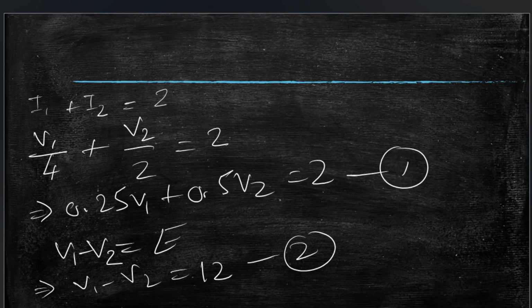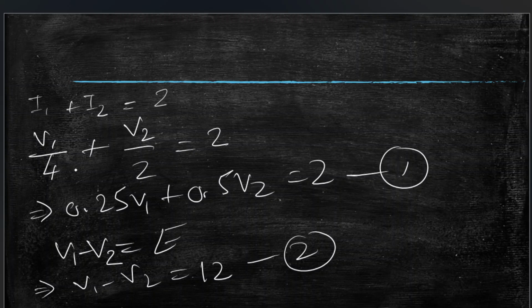So now we have two linear equations. Let's plug in the values. So 0.25 plus 0.5, and then 2, and 1 minus 1, and 12.